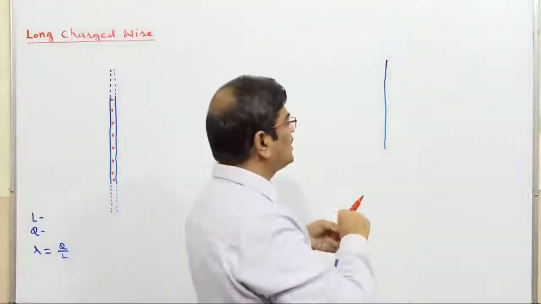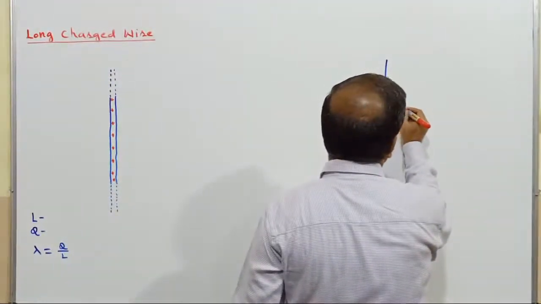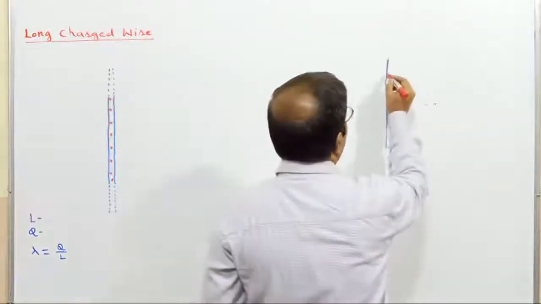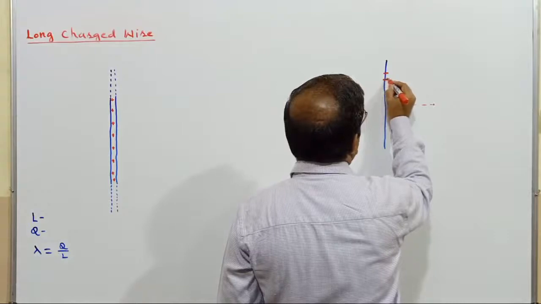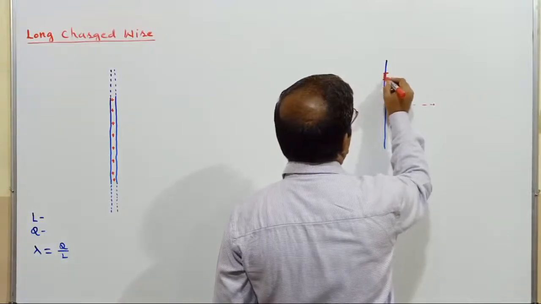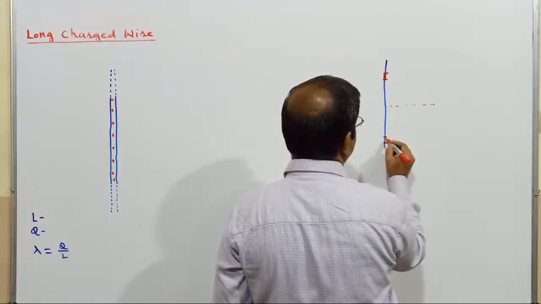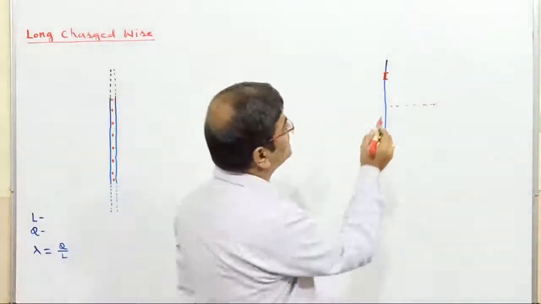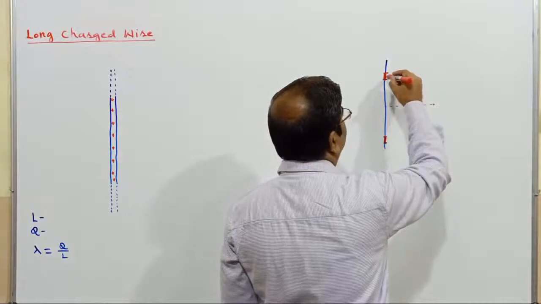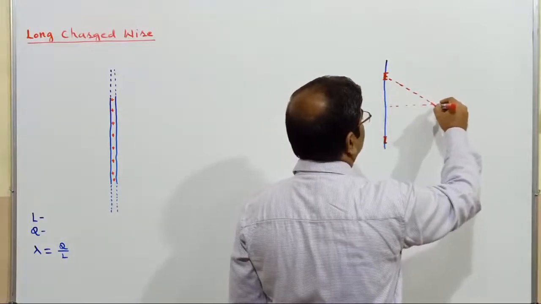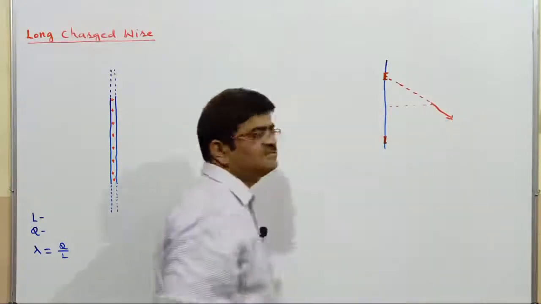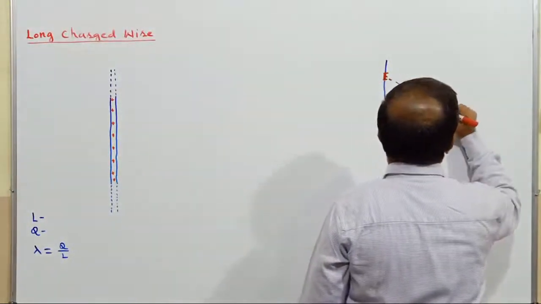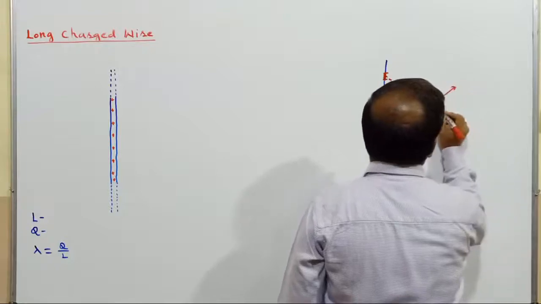Now when I want to calculate electric intensity due to this wire at such a point P, as per our earlier method, we divide that whole wire into elementary portions. Such two elementary portions I'll take for discussion. Electric intensity contributed by this portion, I can show in this direction. Electric intensity contributed by this portion, I'll have in this direction.